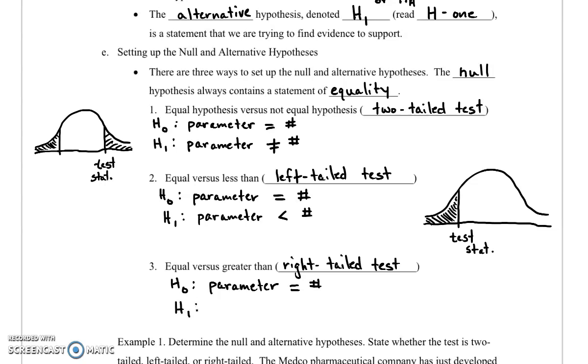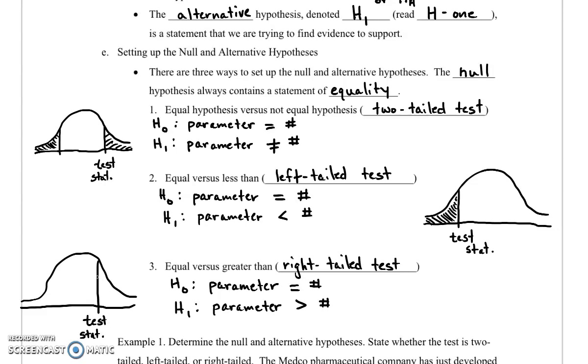And in this one, H1 is the parameter is greater than that same number. And if we drew that one as a normal curve, we would have a test statistic, and we would be finding the probability to the right of it.